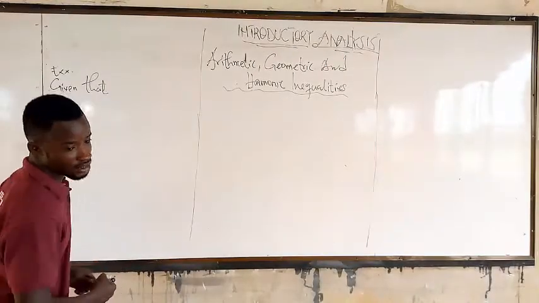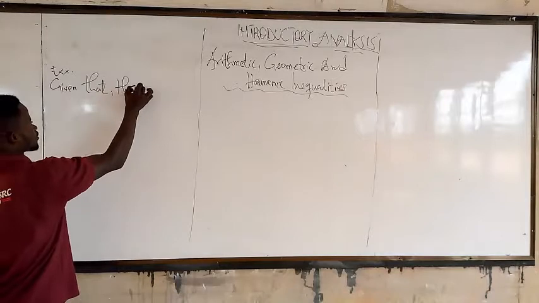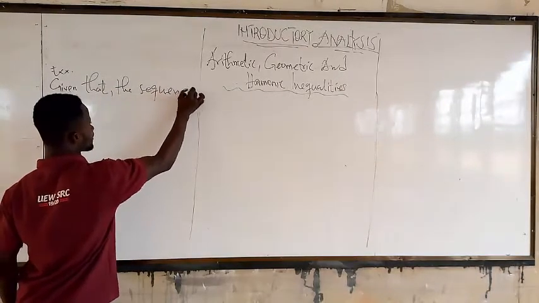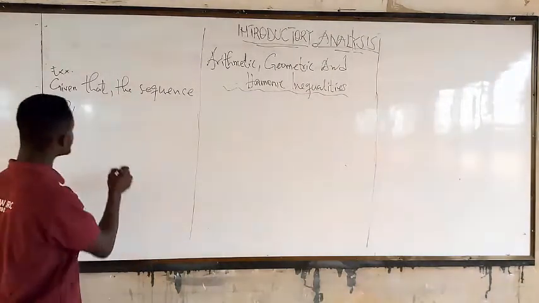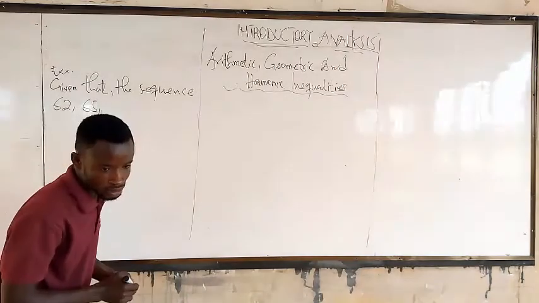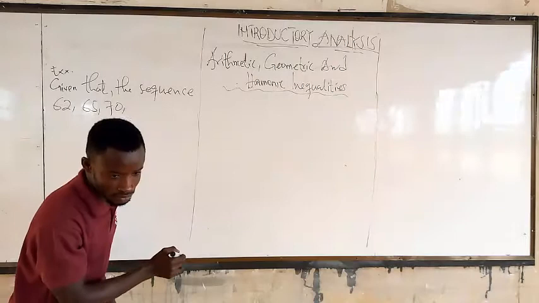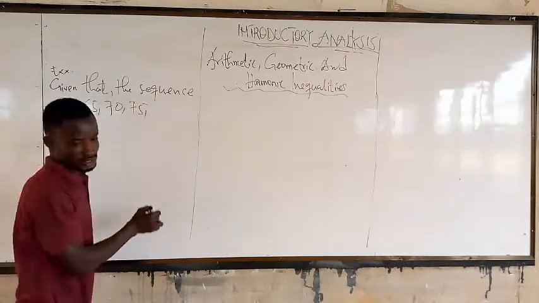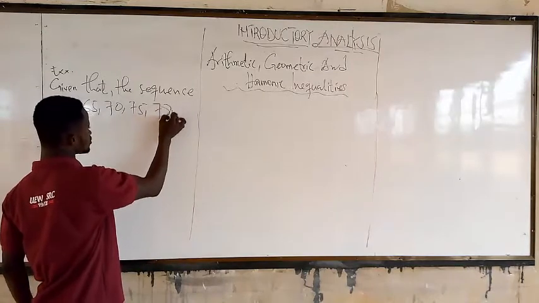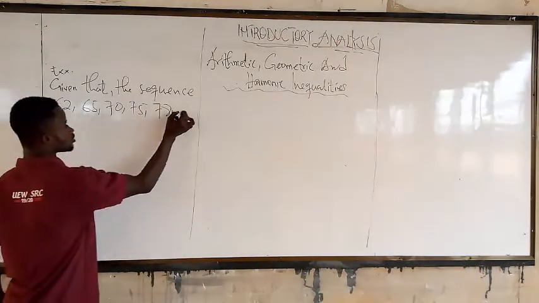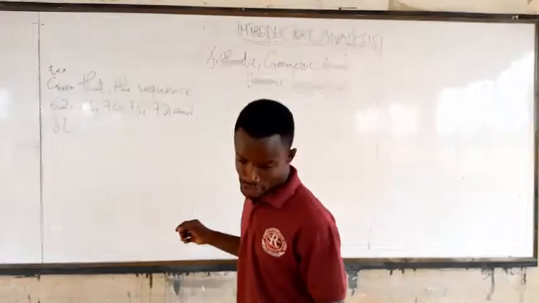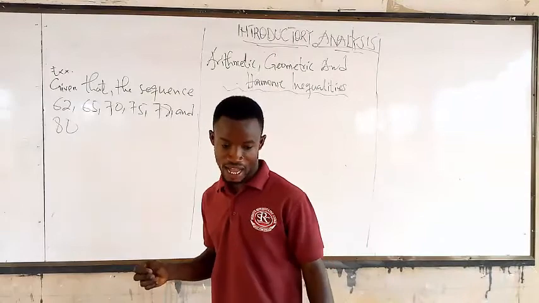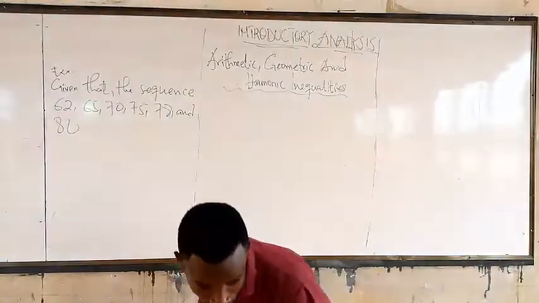Given that the sequence is 62, 65, 70, 75, 78, and 80.